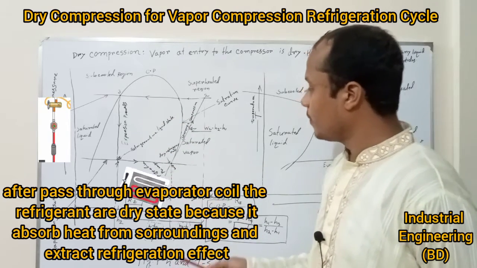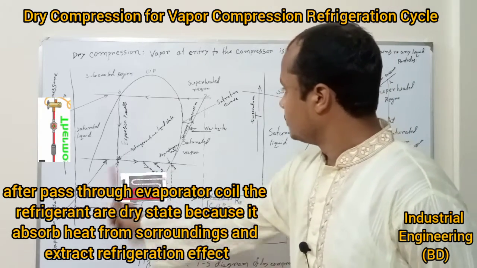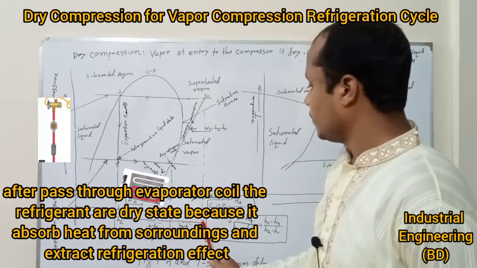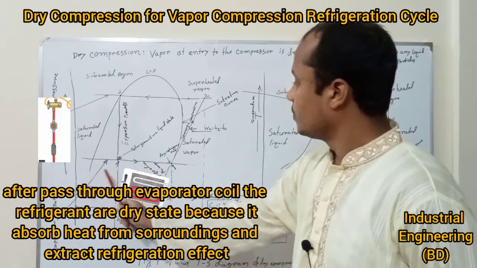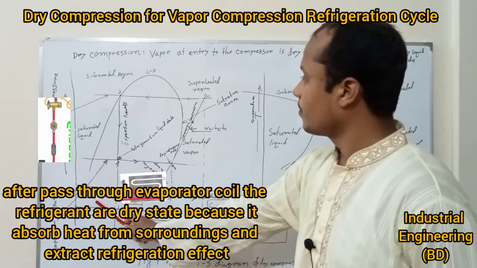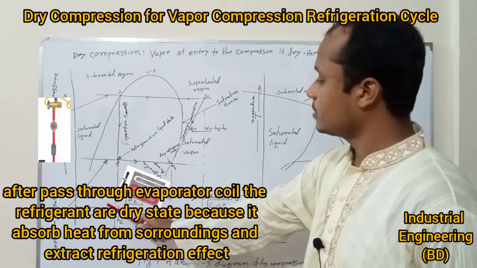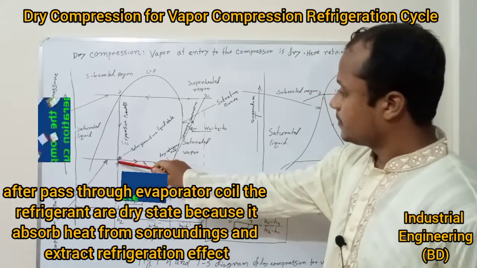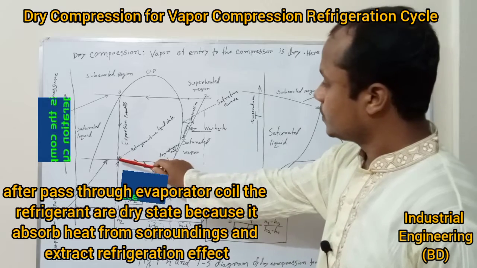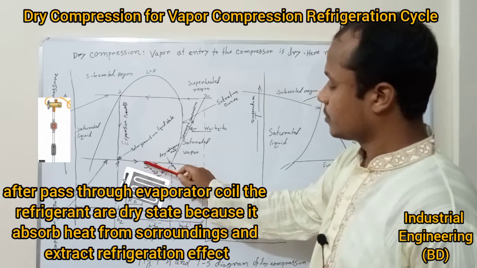Now if we consider 0 to 1 is H1, 0 to 2 is H2, 0 to 4 is H4, hence since 3-4 is a constant enthalpy process, we can write H3 equal to H4. In this portion, the evaporation process is completed at constant pressure.